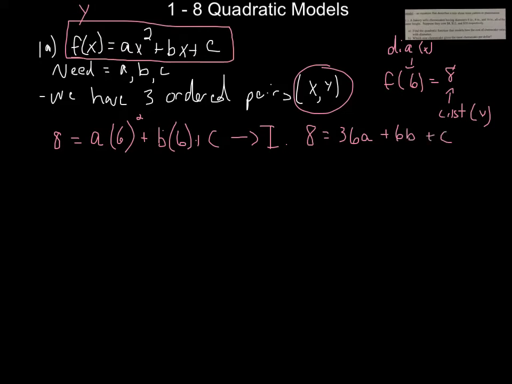Alright, now just repeat the process. Do it again. This time though, the output was, what was that second cheesecake? F of 8 was $12. So the output is $12 when you have an 8-inch cheesecake.